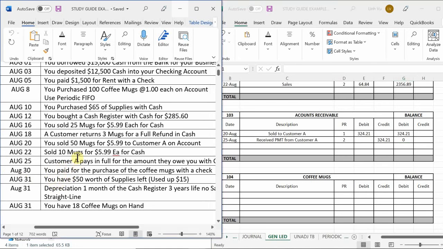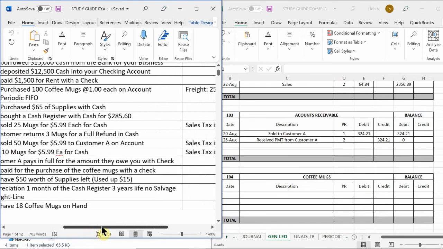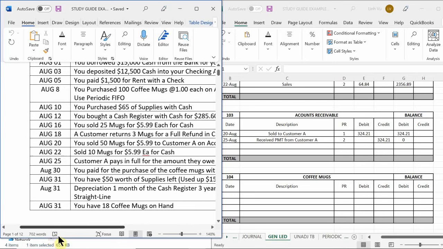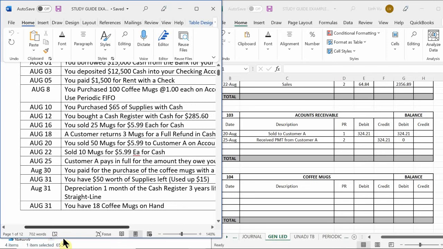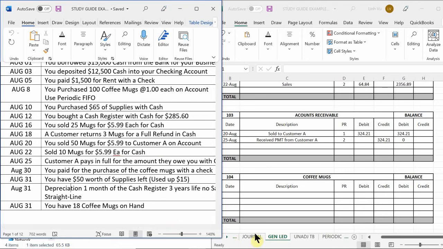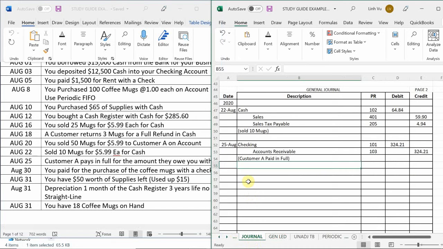And then now it says you paid for the purchase of coffee mugs with a check. Checking and accounts payable. Good, right? So you paid for the purchase of the coffee mugs on August 30th.